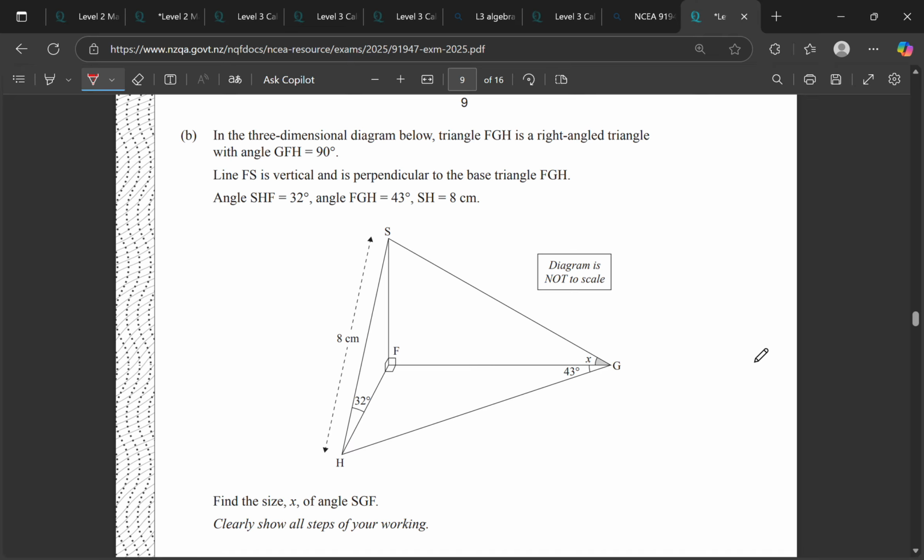All right. So I'm going to label this so that it's easy to understand what I'm talking about. Say SF is x and HF is y and FG is z.